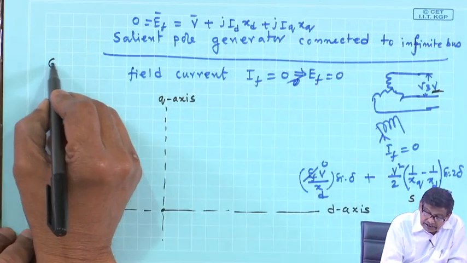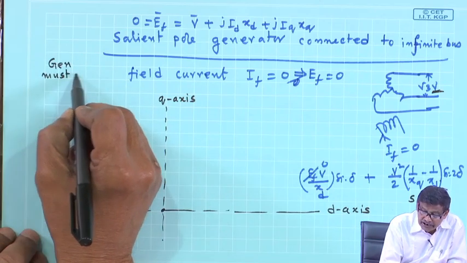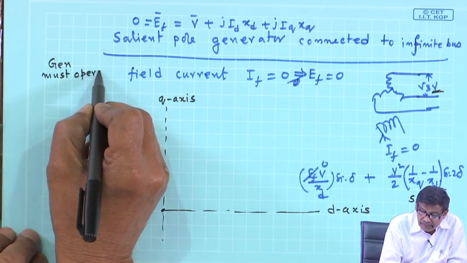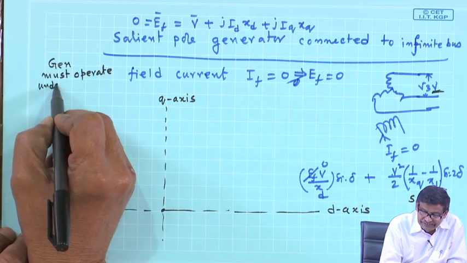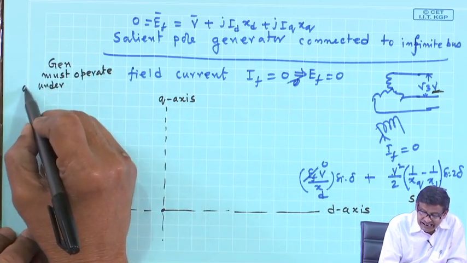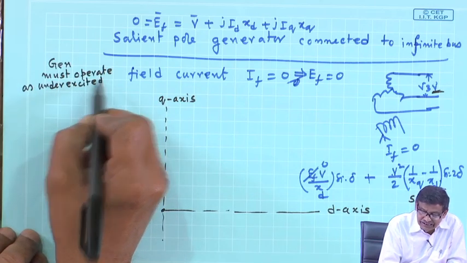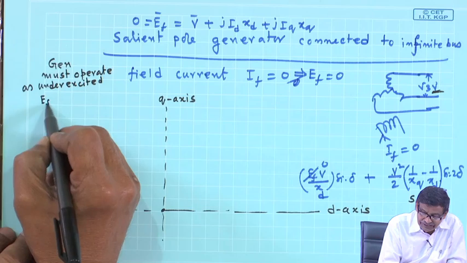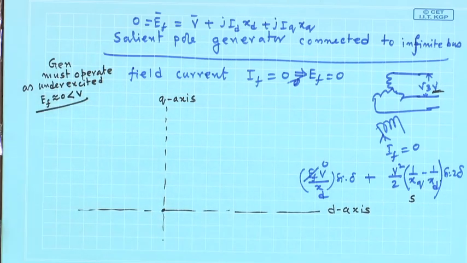After knowing this, it is generator mode. So, this generator must operate as under excited. Why under excited? Because EF, which is 0, is less than the length of V, that is the reason.